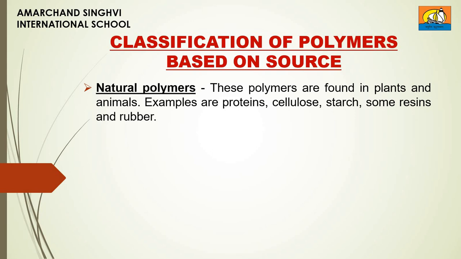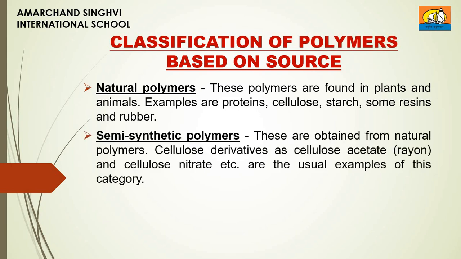Examples are proteins, cellulose, starch, some resins and rubber. Semi-synthetic polymers are those which are obtained from natural polymers. Cellulose derivatives such as cellulose acetate, which is commonly called rayon, and cellulose nitrate are the usual examples of this category.